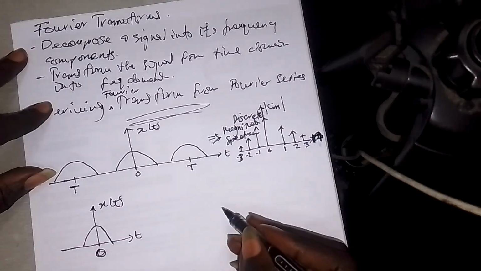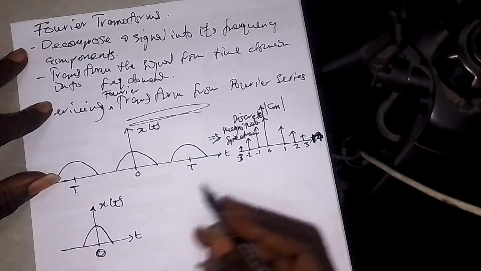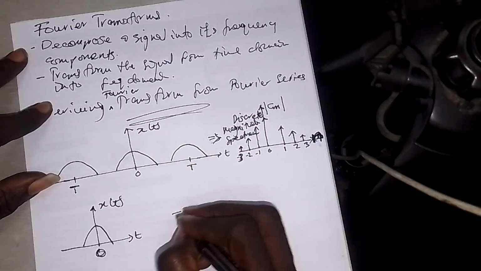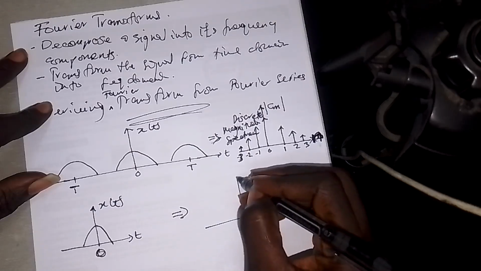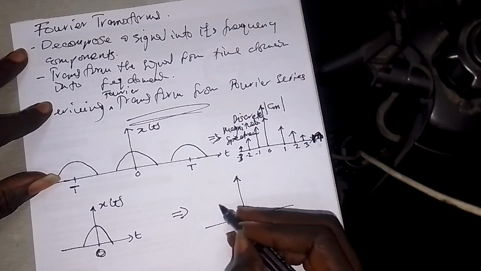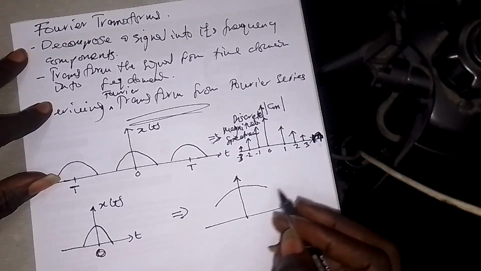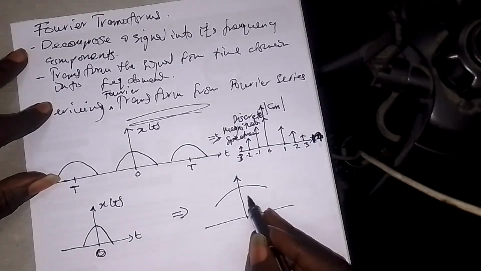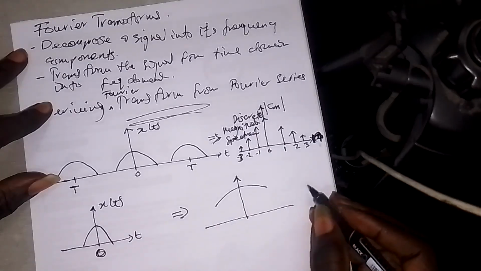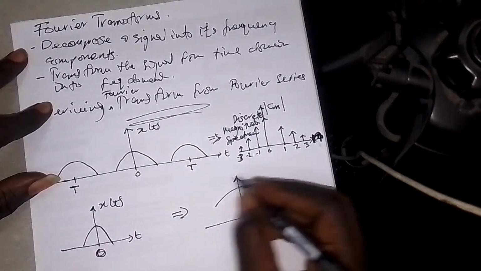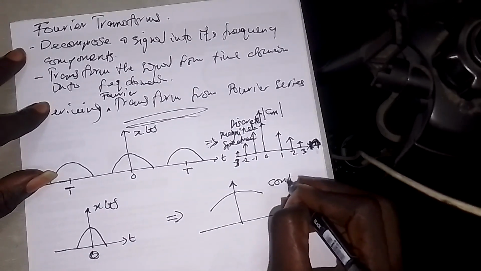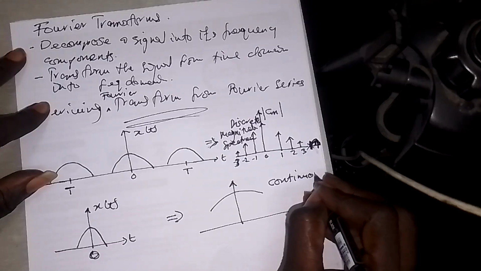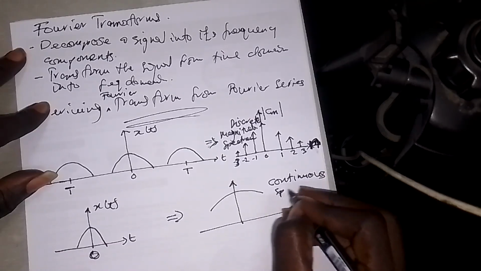If you want to get the spectrum for this one, you're going to have something of this sort for the spectrum of this signal. This spectrum is no more a discrete spectrum, but a continuous spectrum.